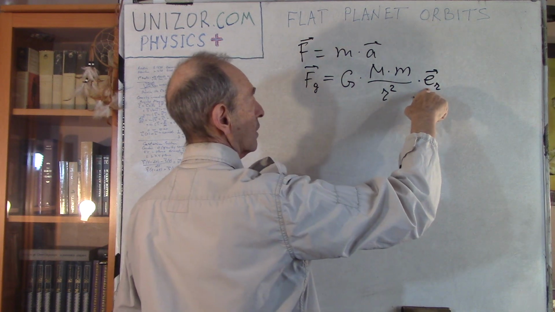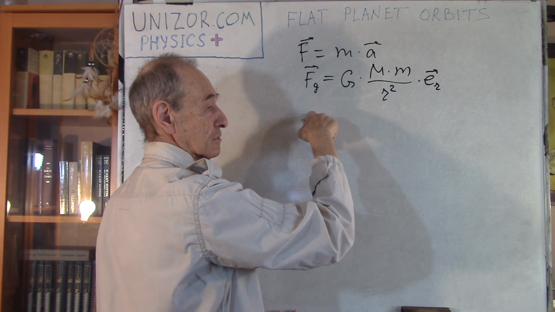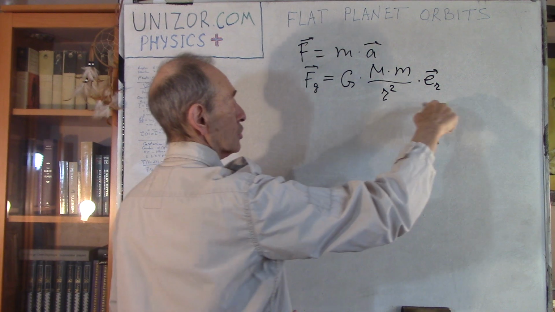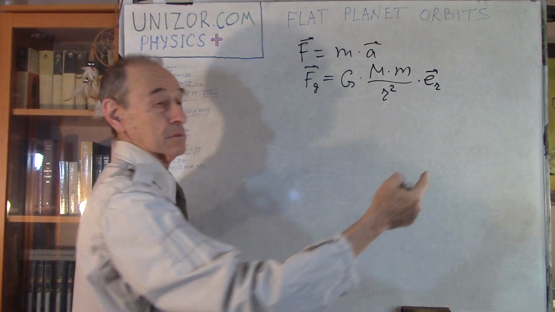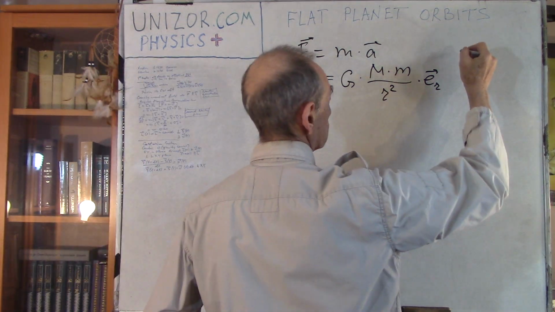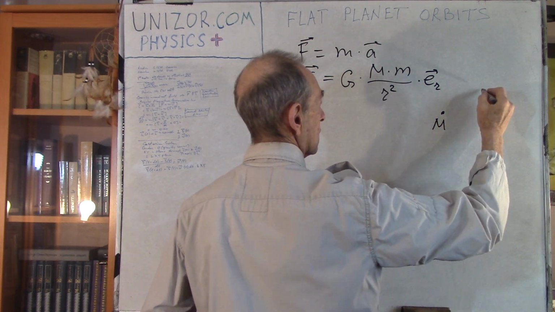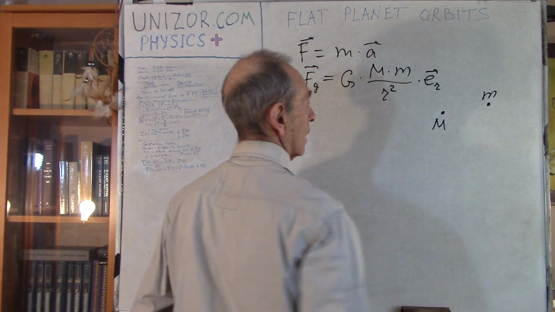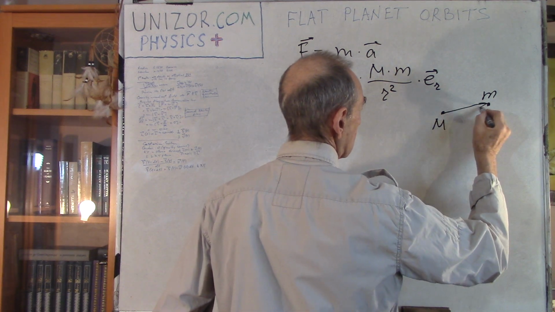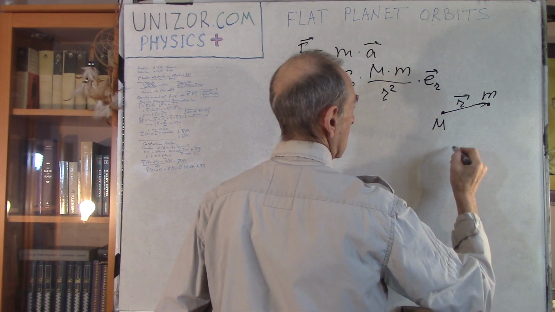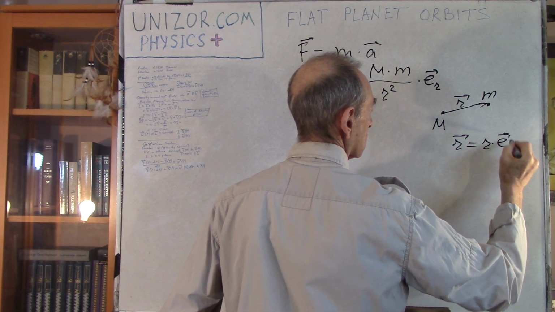This is a unit vector from the point of gravitation, where the source of gravity is located, to the position of the object which we are basically observing. So if you have, this is the source, and this is a fixed source, okay? This is my object. We assume these are point masses, obviously. So this is vector r, and vector r is equal to the length of this vector times a unit vector.